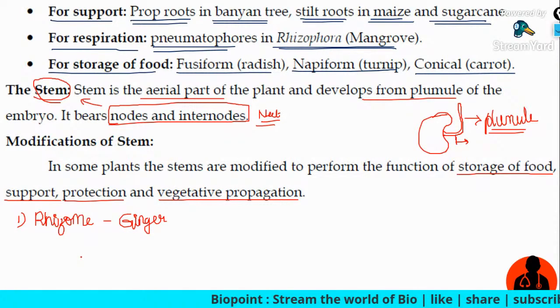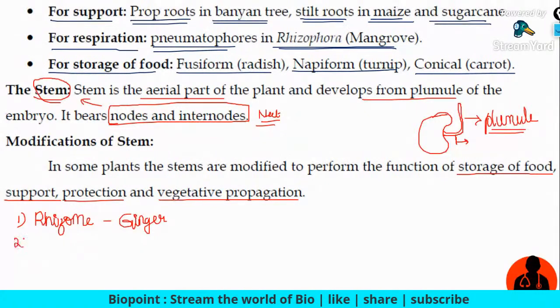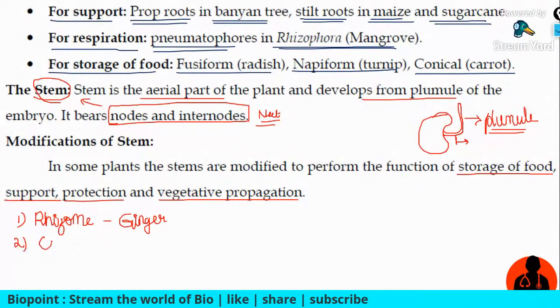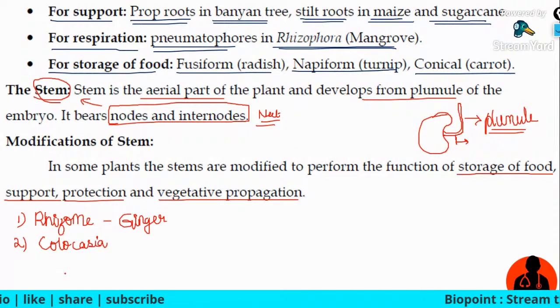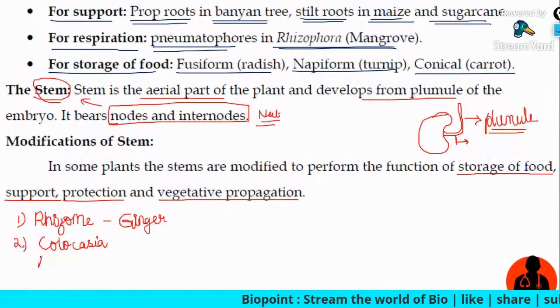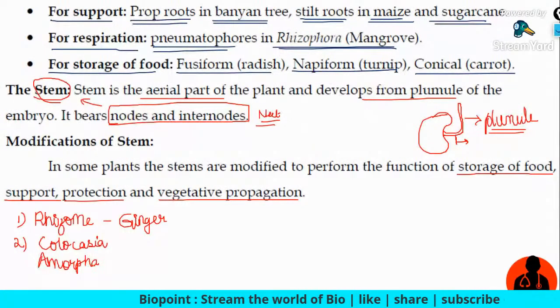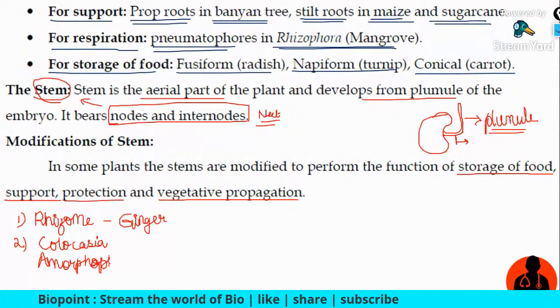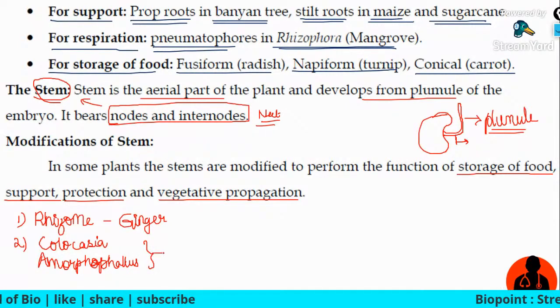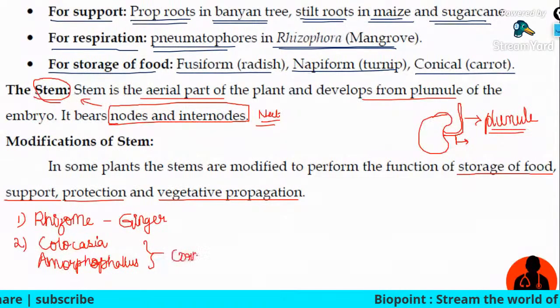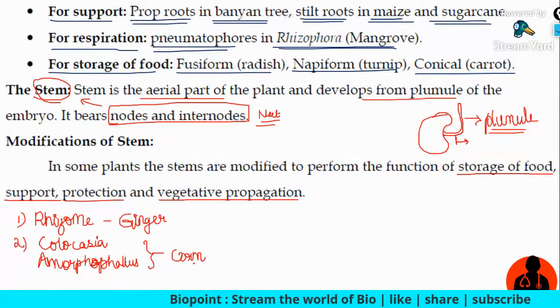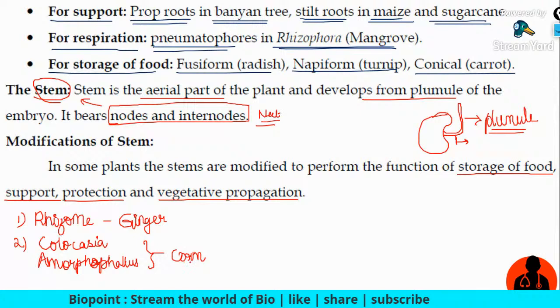Then, in case of colocasia and amorphophallus, the modified stem is called a corm, which helps in storage of food and also vegetative propagation.